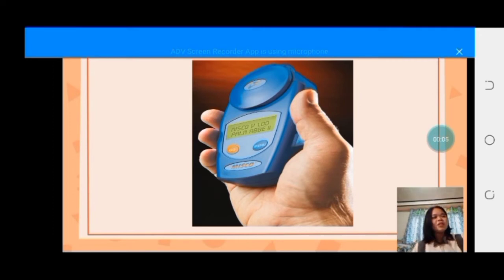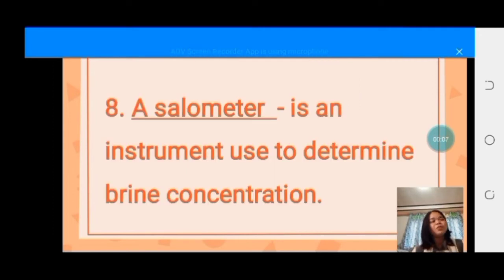It is a salometer. Who can read, class? A salometer is an instrument used to determine brine concentration. Okay? A salometer, class, is used to know if the food is brined.